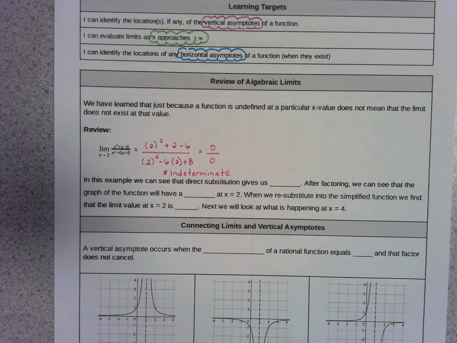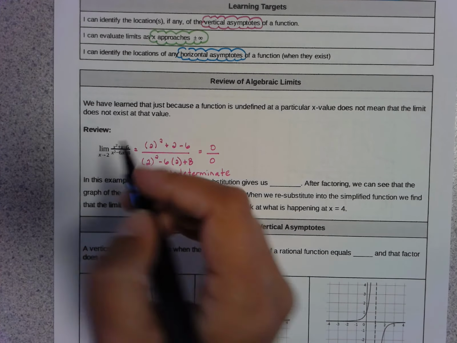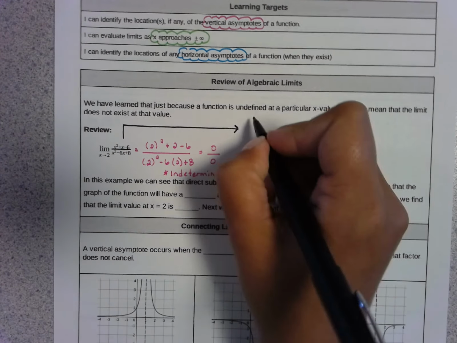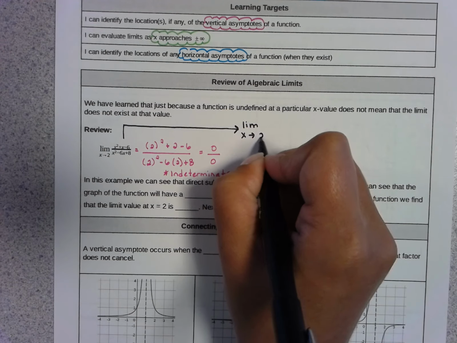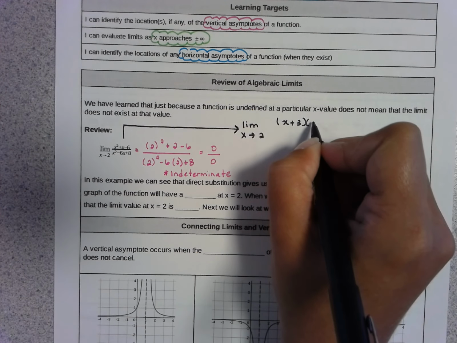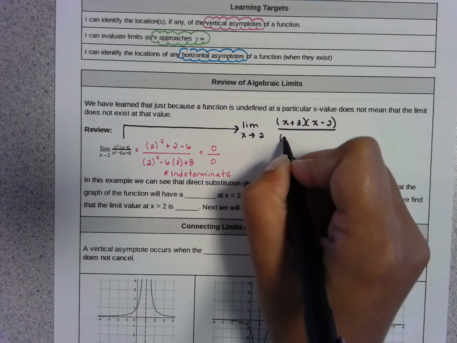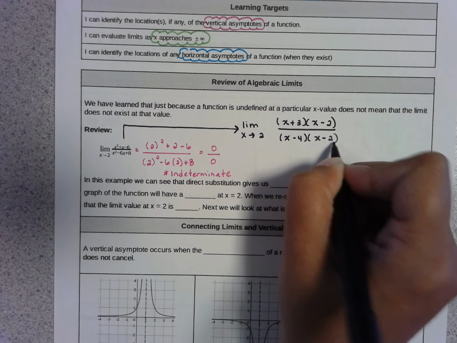As a result, we said our next step here would be to try factoring to simplify this limit and then try substituting again. So if we were to factor here with this limit, the limit as x approaches 2, we would have x plus 3 times x minus 2 over x minus 4 times x minus 2.